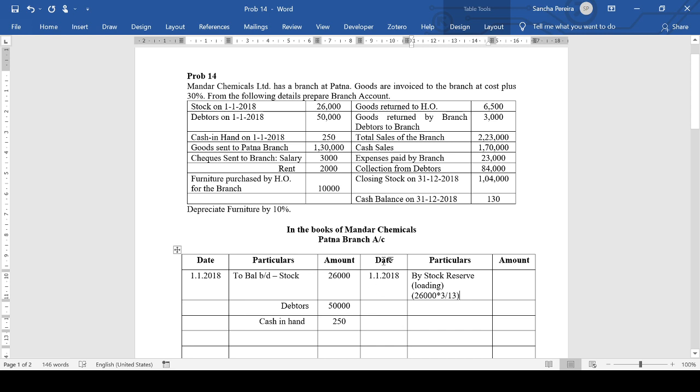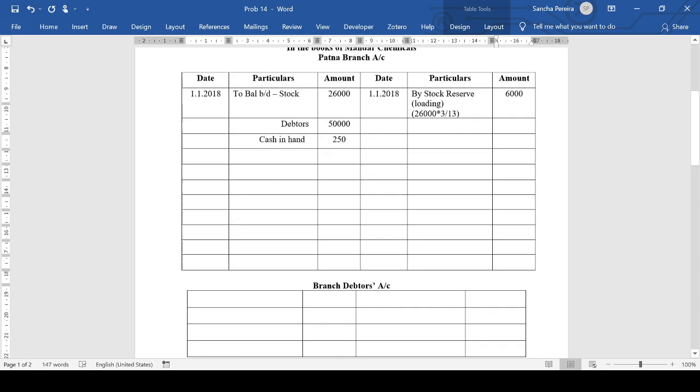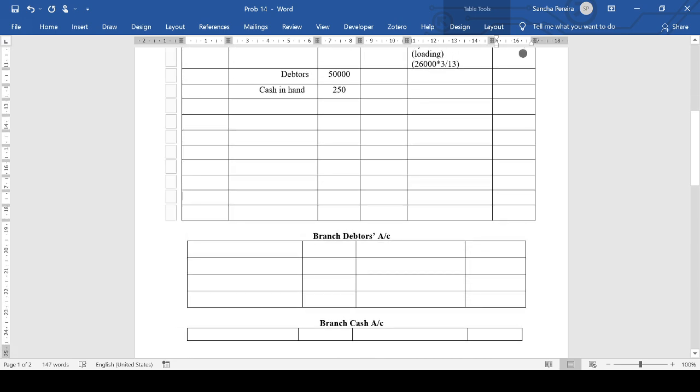So 26,000 into 30 upon 130. 30 upon 130 is equivalent to 3 by 13. So we have 6,000 here. Then opening balance of debtors is 50,000, to balance brought down, 50,000, and opening balance of cash to balance brought down is 250.